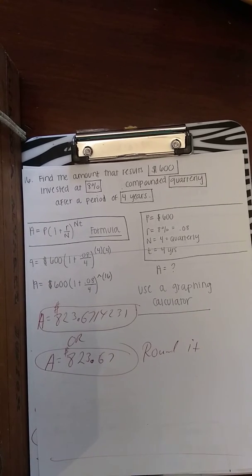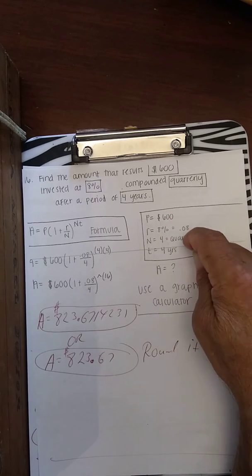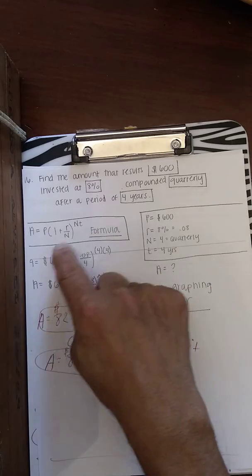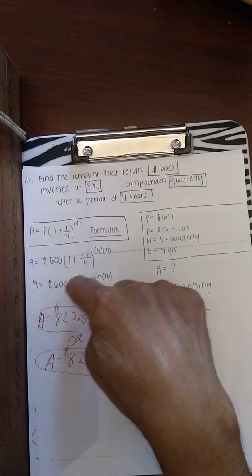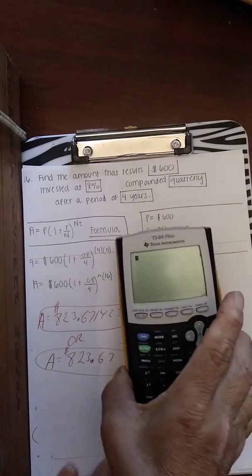Find the amount that results when you put $600 invested at 8% compounded quarterly after a period of 4 years. So let's see how this works. P is 600, 0.08, quarterly, 4 years. So now put these numbers in the formula. So now we have this right here. How do we get this answer? Let's use a graphing calculator.